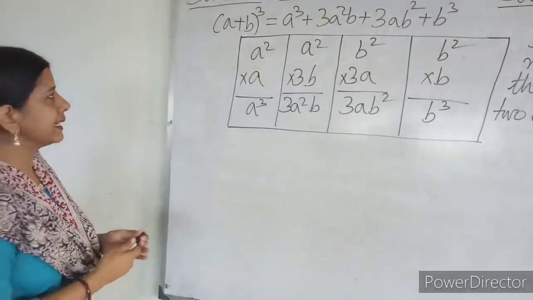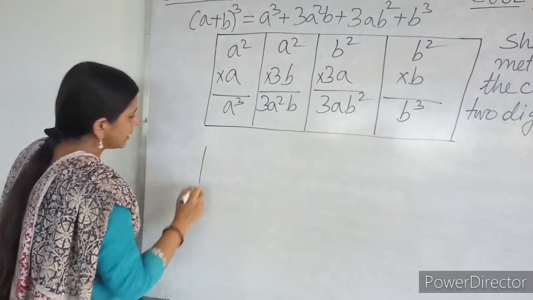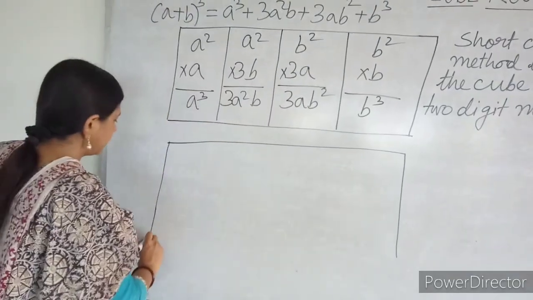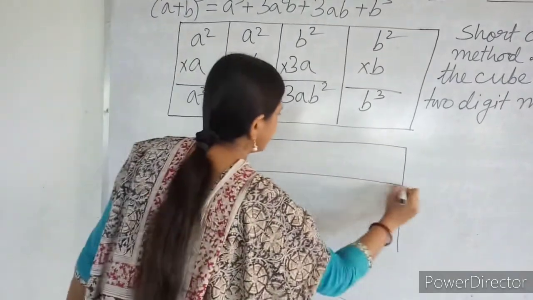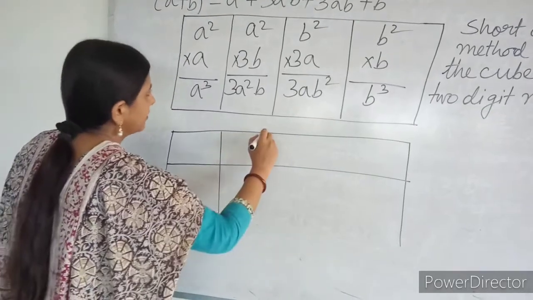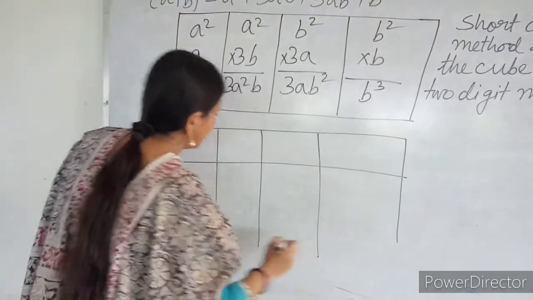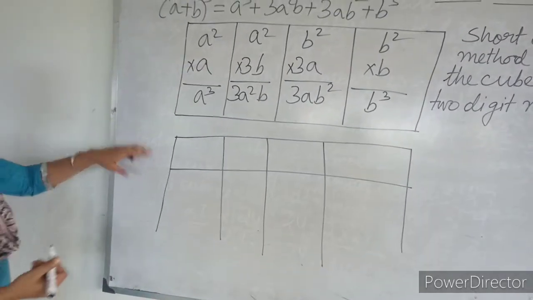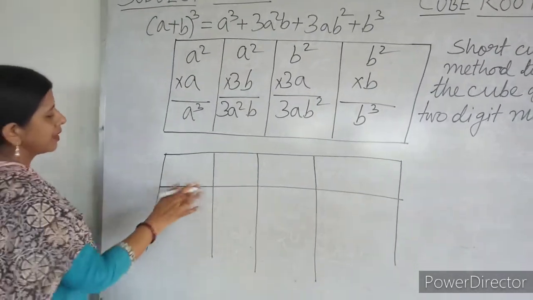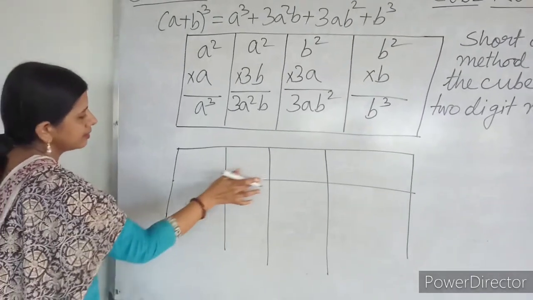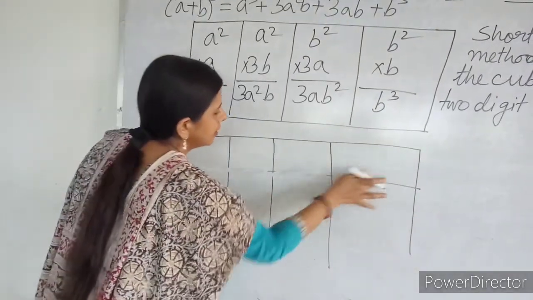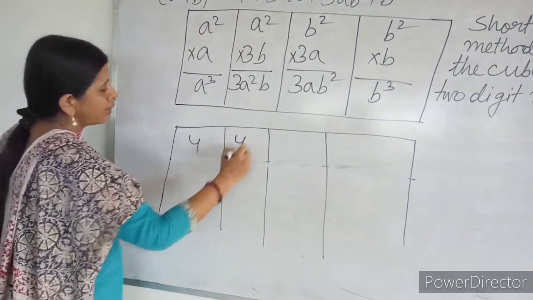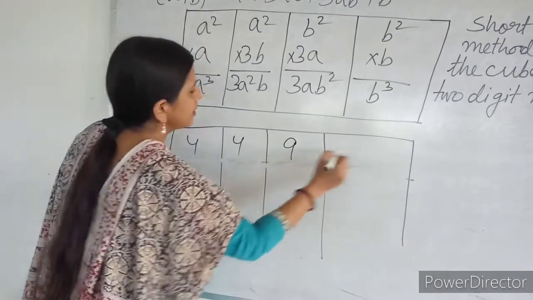Now suppose I am taking the number 23. For that I am making the same boxes to find the answer. The digits are 2 and 3. So a square is what? 2 square means 4, again 4, 3 square is 9 and 9.